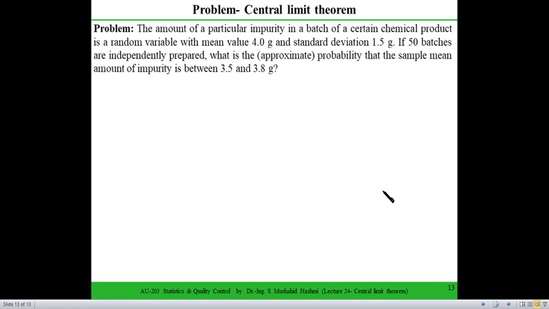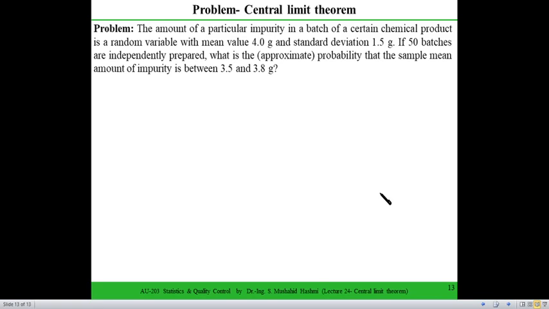If 50 batches are independently prepared, what is the probability that the sample mean amount of impurity lies between 3.5 and 3.8 grams? The average is 4 grams, so we need to work out the probability between 3.5 and 3.8.